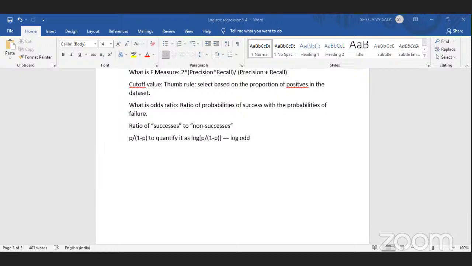Errors should be independent and exclusive, and we have to check for autocorrelation or any correlation between the input variables. So these are the assumptions that we have in linear regression. But what assumptions do we have in logistic regression? Yes.